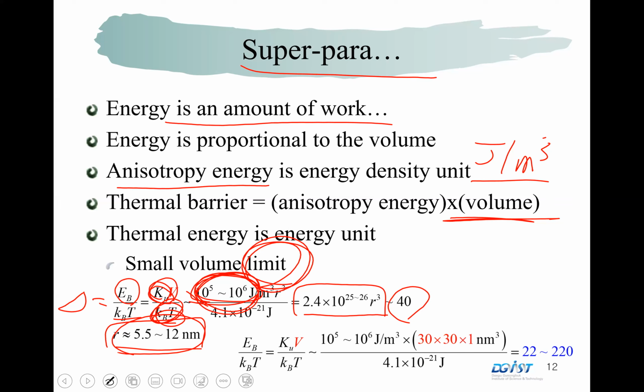Especially if we play with thin films, the thickness is always on the order of 1 nanometer something. So we need a certain size of the radius. Depending on this size, we get the delta of this number.